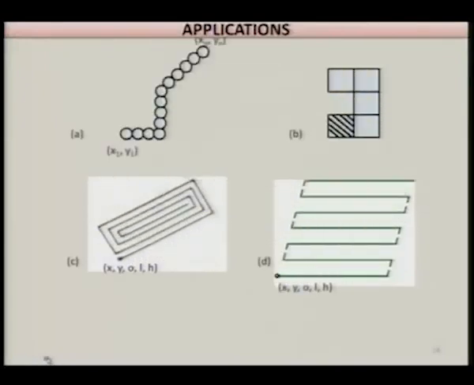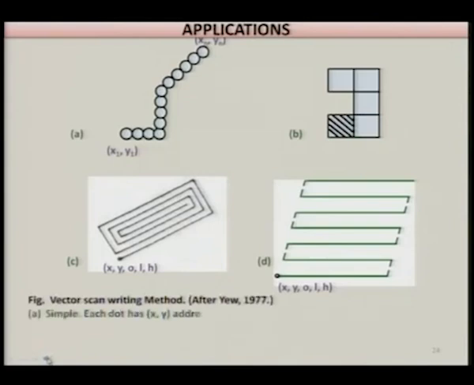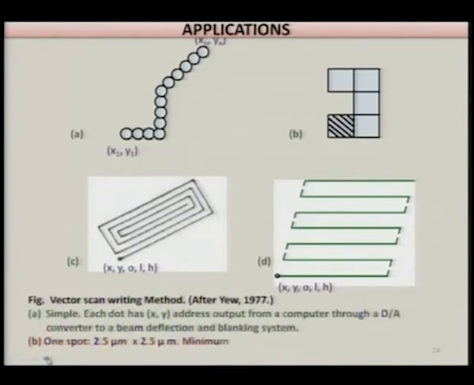There are some other applications which you can see here, the vector scan writing method, where each dot has an address output from a computer through a DA converter, digital to analog converter, to a beam deflection and blanking system.